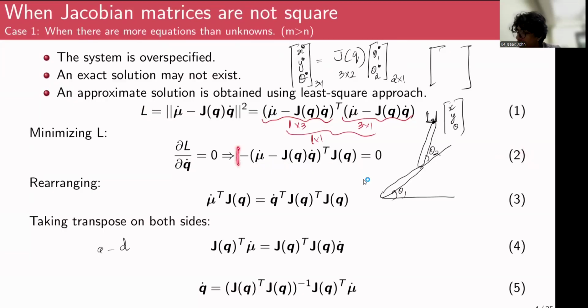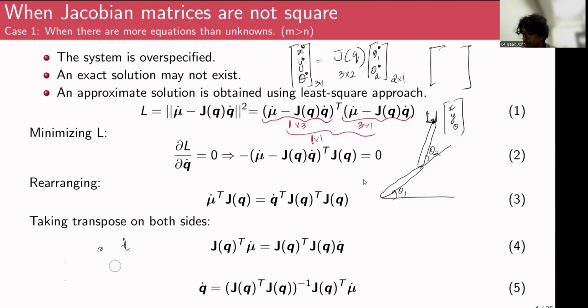Now, if you rearrange this expression, mu dot multiplied by J of Q multiplied by Q dot transpose J of Q, if you expand it and take this portion to the other side of the equality, you will get this equation, equation number 3. Now from equation number 3, if you take the transpose on both sides, you will get this term, because AB, the whole transpose, is nothing but B transpose A transpose.